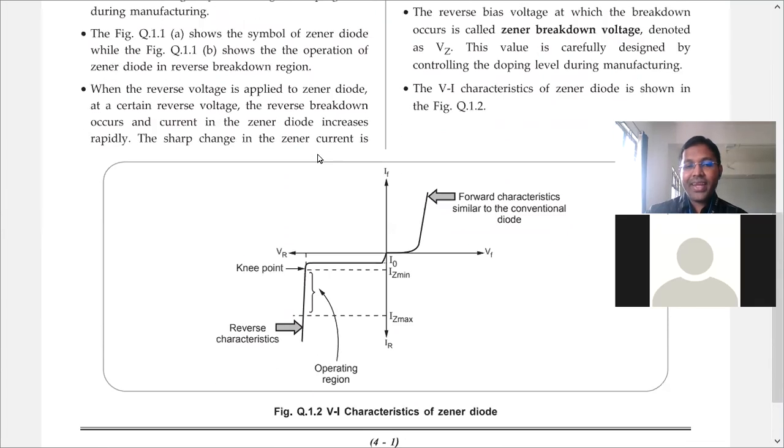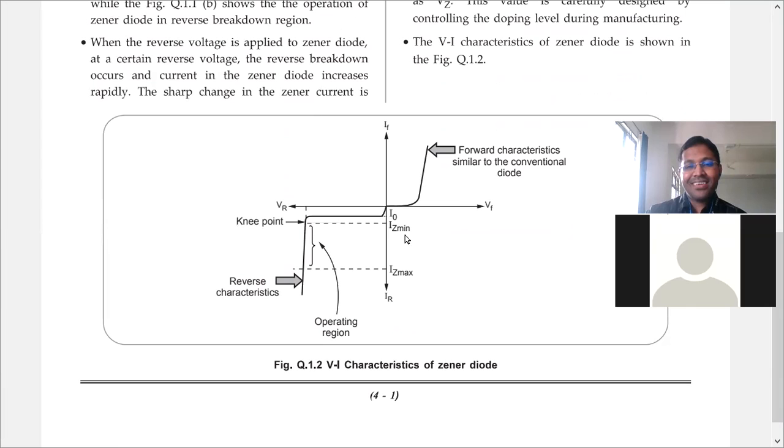So again, in the breakdown region, there is something called the minimum current, IZ min. For example, if the current through the Zener diode is here, the corresponding voltage is here. Then the Zener is not operated in the breakdown region. Zener being operated in the breakdown region means there has to be some minimum current, that is IZ min.